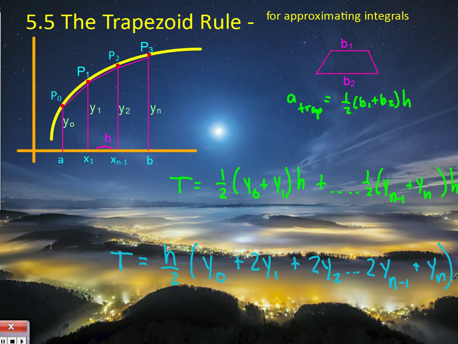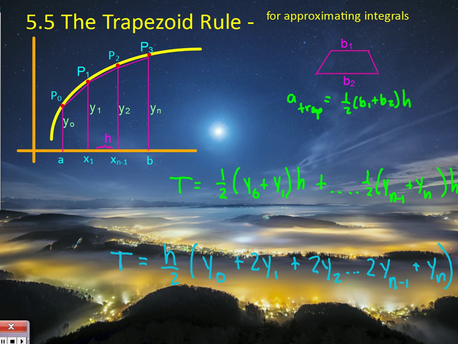The far right yn value is only going to get used once. All of the values in the middle, the y1 and y2 and so forth, will get used twice because they overlap. So it's twice y1, twice y2, and twice the next to last yn. That is your formula to use for approximating integrals.